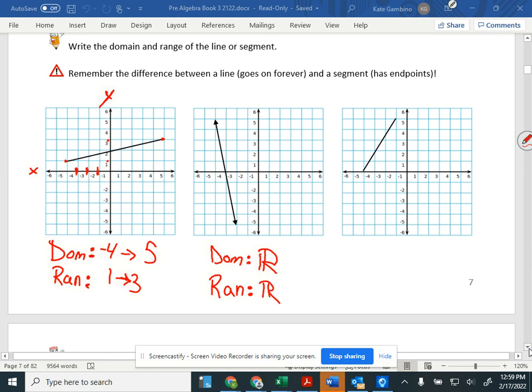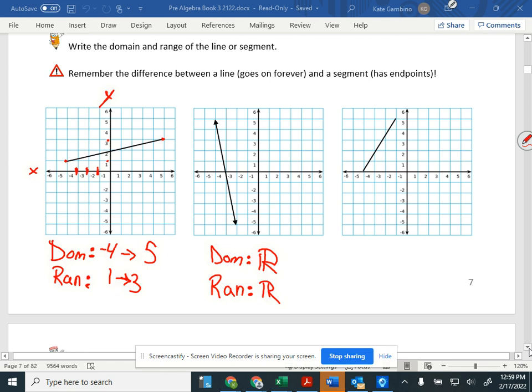It looks goofy, but that's how he writes it. When I looked it up, it just looks like a fancy R. So that's the symbol for the set of real numbers.